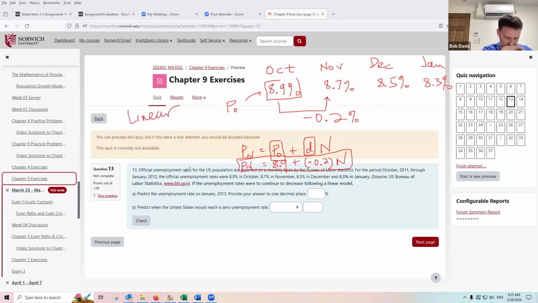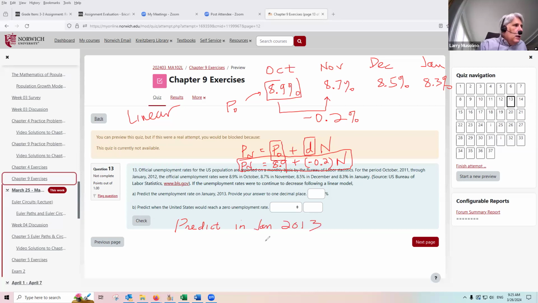Okay. All right, let's go to part A. It says predict the unemployment rate in January 2013. Let's see, these were 2012 numbers. So what I have to do, go ahead.